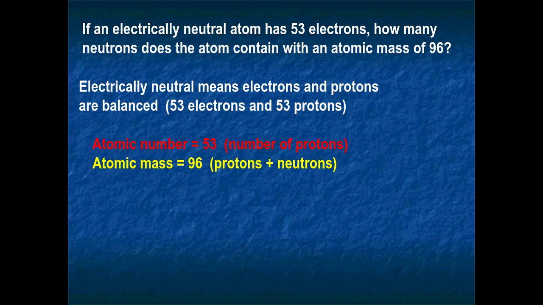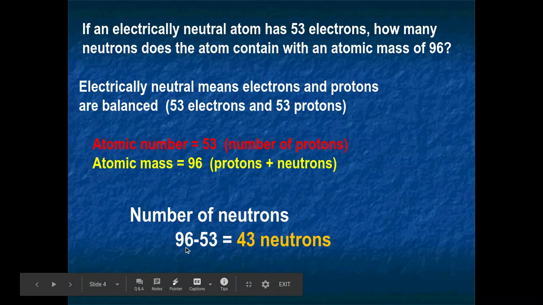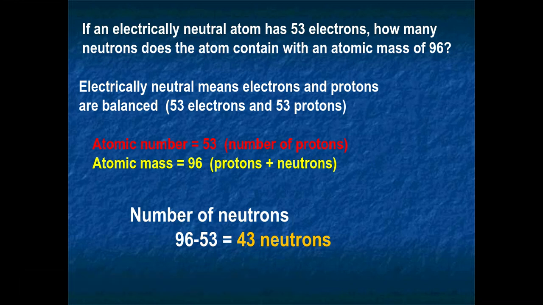To calculate the number of neutrons in this particular atom, we would say 96, which is the atomic mass, minus 53, which gives us a total of 43 neutrons. Your job is to practice this, to hammer down the meaning of atomic mass and atomic number, and to manipulate those values along with understanding the neutral balance to come up with the different types of answers.